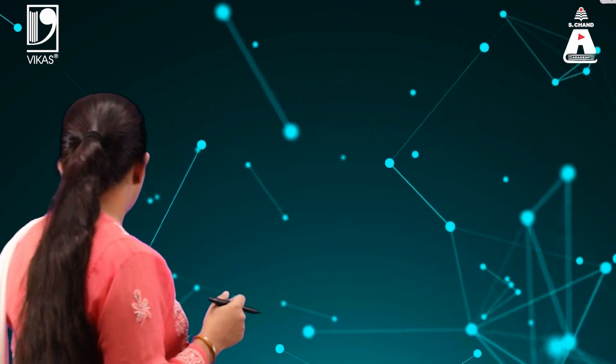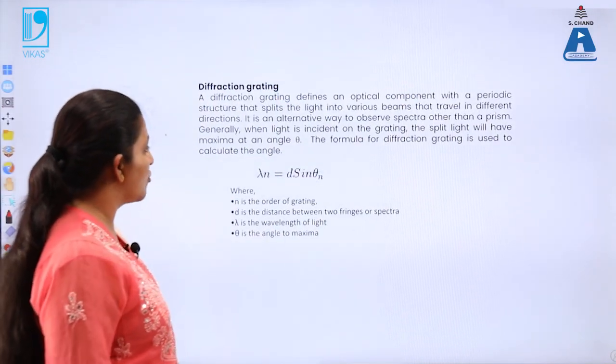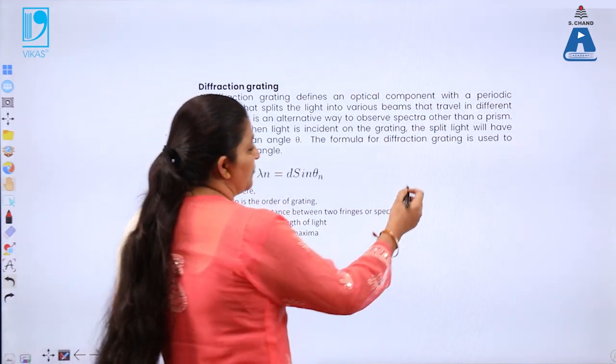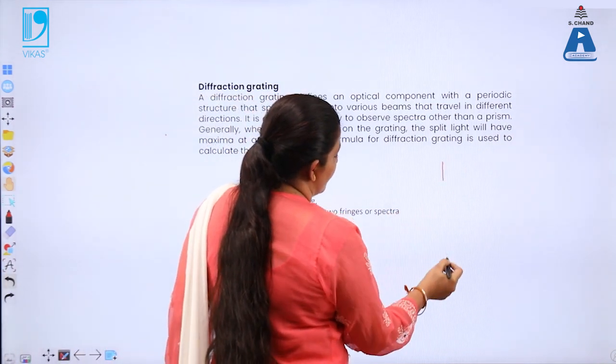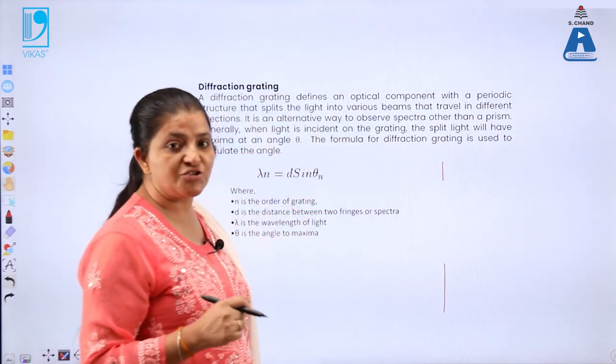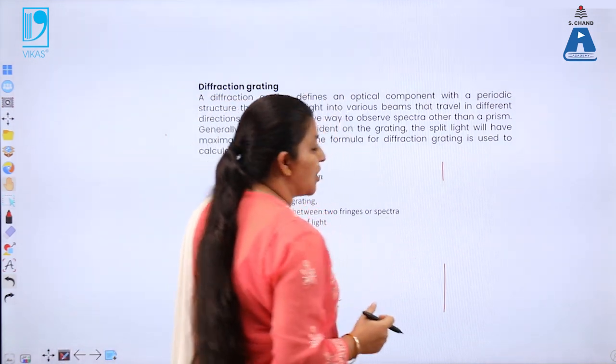So now what is the diffraction grating? Basically, it is a combination of a large number of slits. That means the single slit can be divided into a large number of parts, in the thousands.